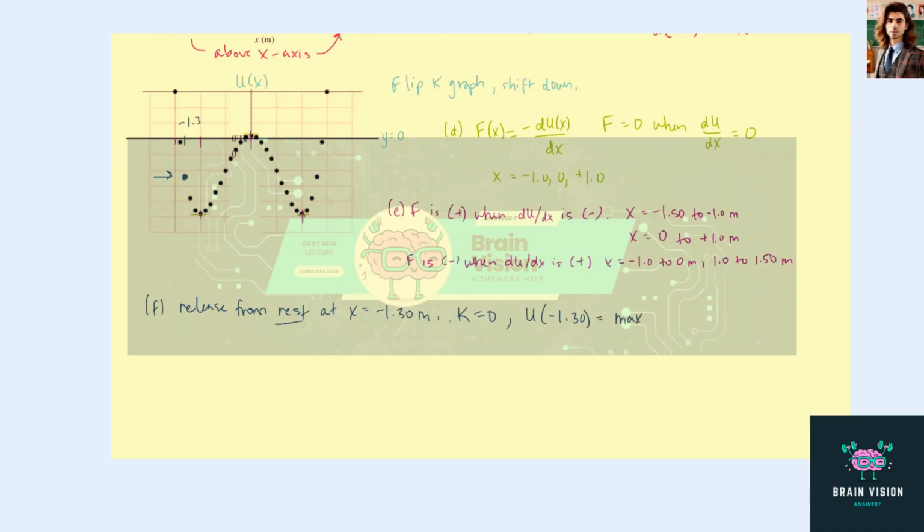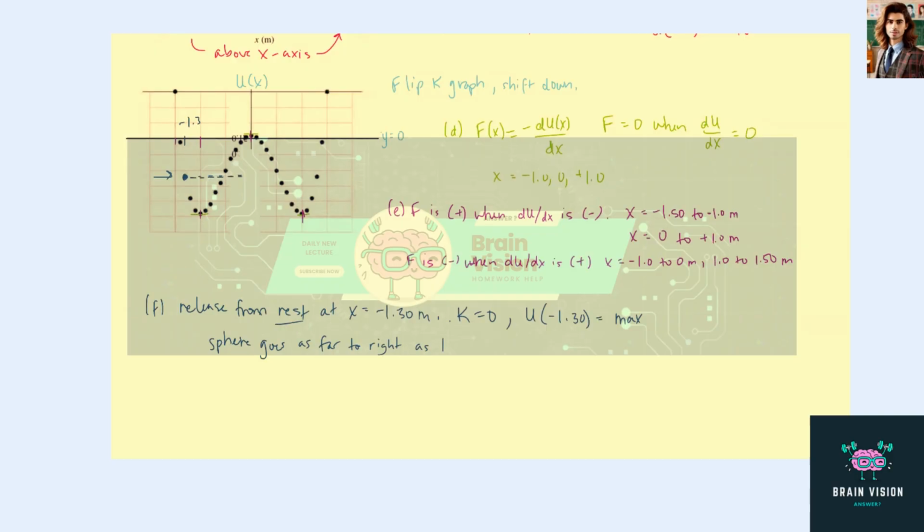So our sphere will go as far to the right as it can when the values of our potential energy do not exceed this value.